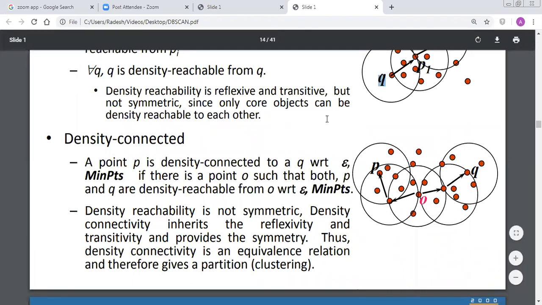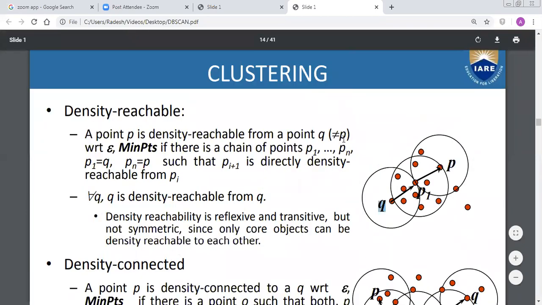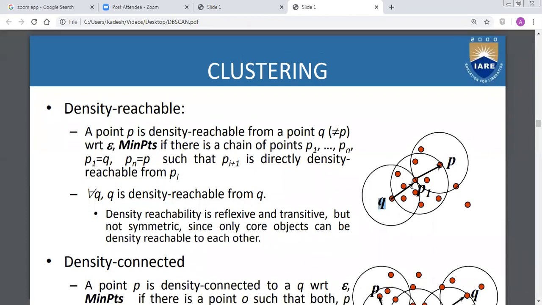Next, density connected. A point P is density connected to a point Q with respect to epsilon and minimum points if there is a point O such that both P and Q are density reachable from O with respect to epsilon and minimum points. So in density reachable, in order to connect from P to Q, we will come across different points where each and every point is going to be a core point.